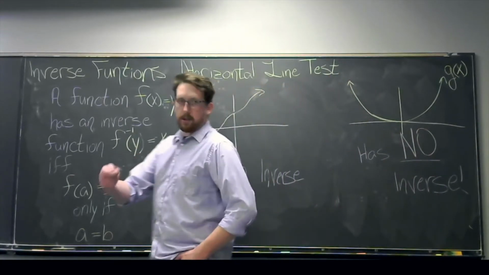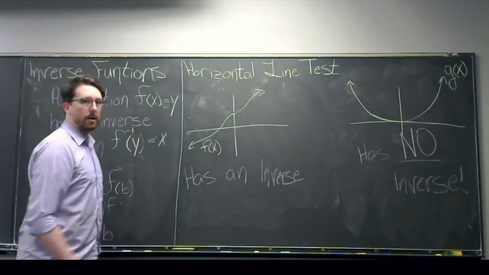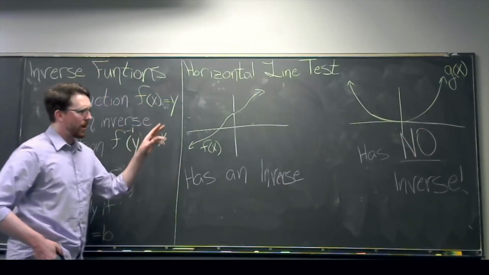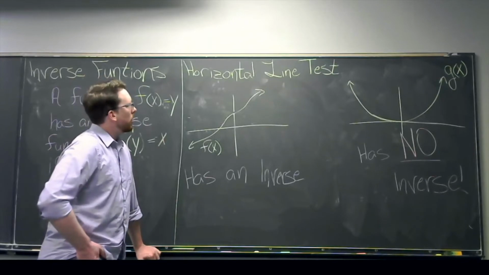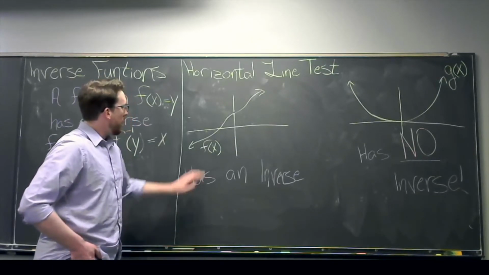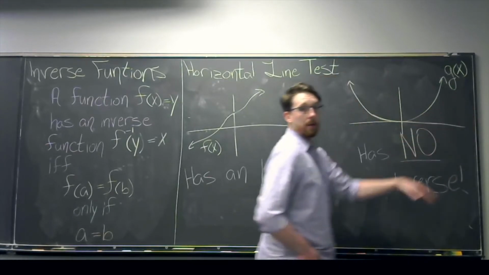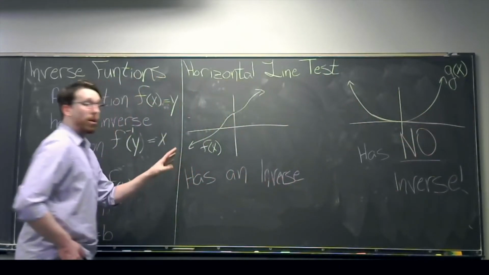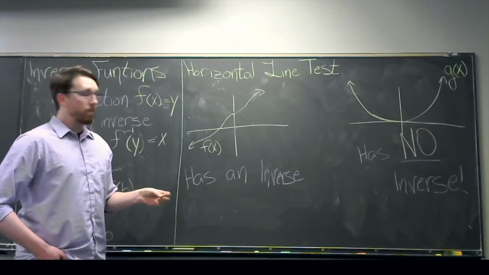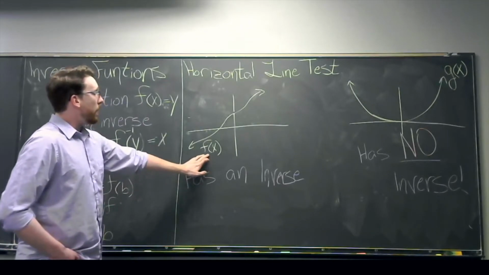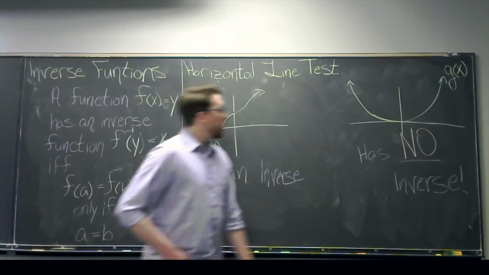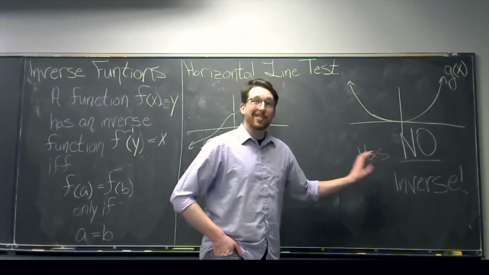Now this gets to the point I was about to make, the horizontal line test. So let's say we've got two functions, f of x and g of x. Looking at just their graphs, we can say f of x has an inverse, and we can say that g of x does not have an inverse.